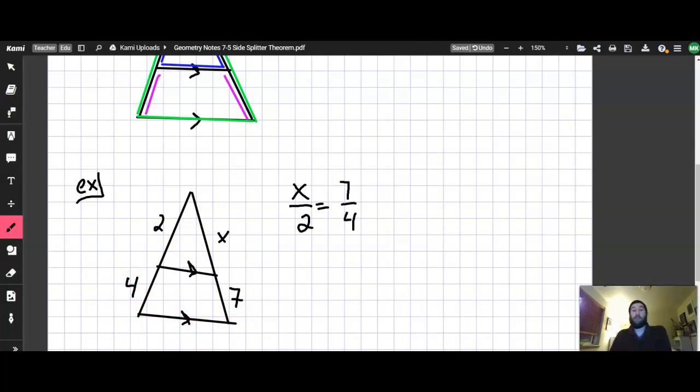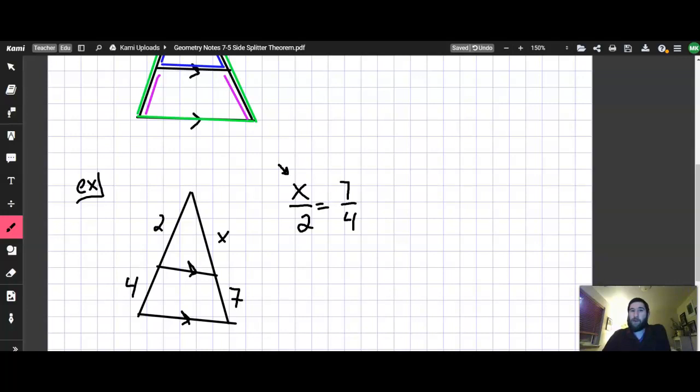So notice what I did there? Both the 7 and the x are on top because they're on the same side. And so x over 2 and 7 over 4. And this will work to solve for x. Ladies and gentlemen, here's where sometimes it gets a little fun for some people.